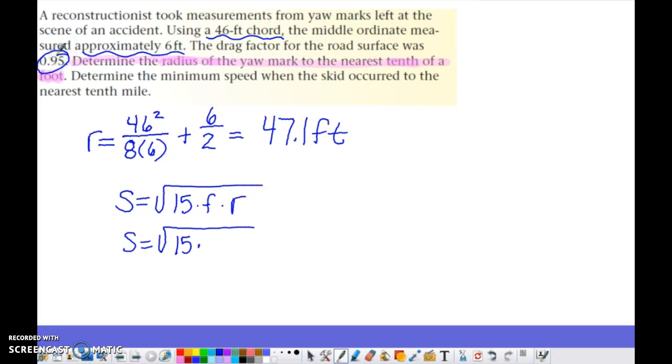So we'd have 15 times 0.95 times 47.1, the radius. Again, when we plug that into our calculator, we should have gotten the minimum speed that that car could have been going when they go into that, making that yaw mark, or when they hit their brakes, would have been 25.9 miles per hour.